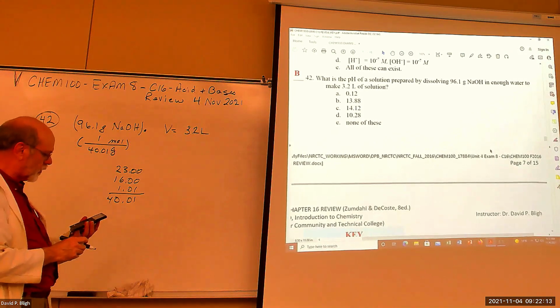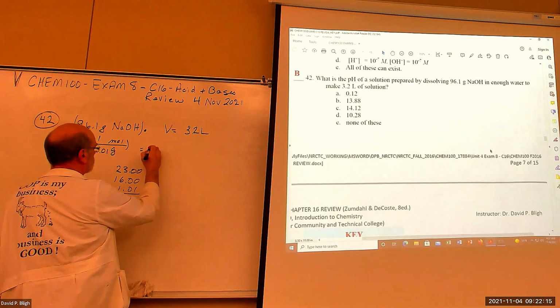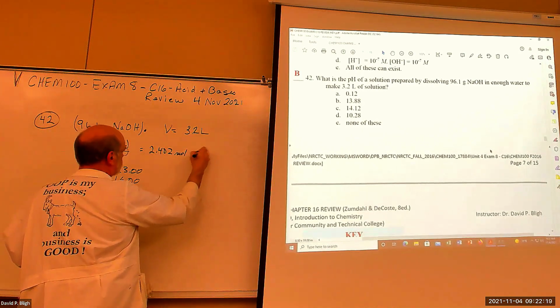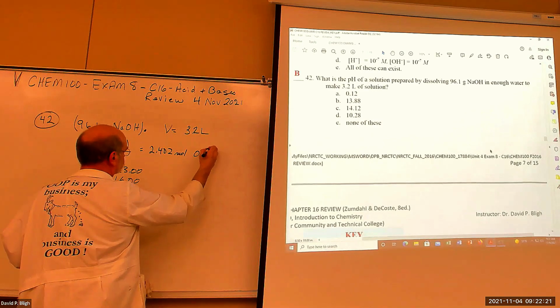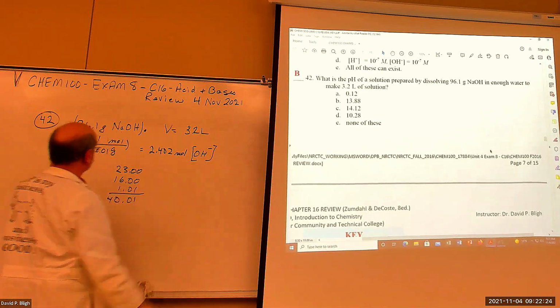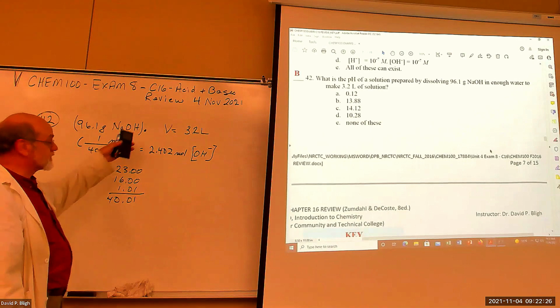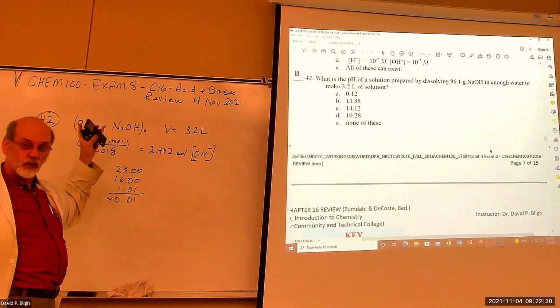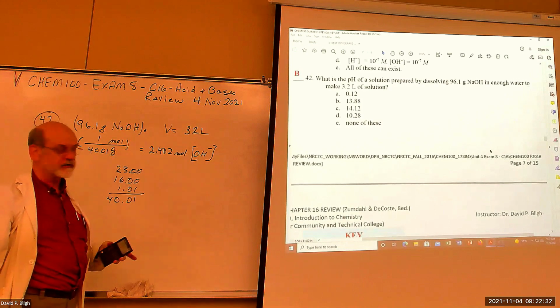We get 2.402 moles of hydroxyls. Okay, that's because this is a strong base. So if we know the concentration of sodium hydroxide, we know the concentration of hydroxide.